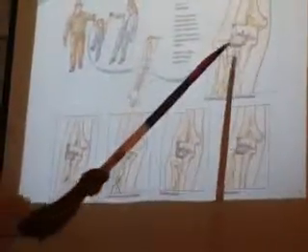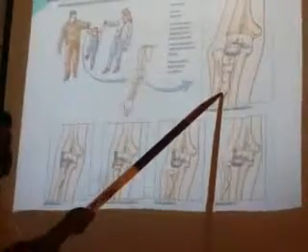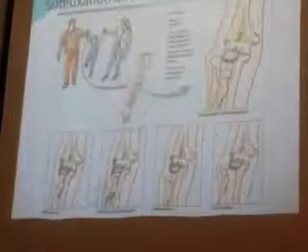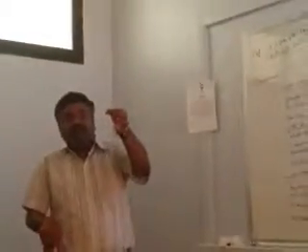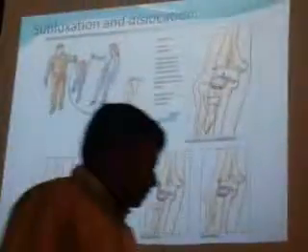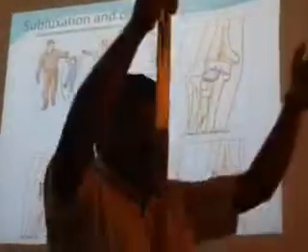See here, this is the annular ligament. This causes subluxation of the head of the radius from the annular ligament. That is one clinical aspect. So never lift the child that way; lift from the axilla and shoulder.